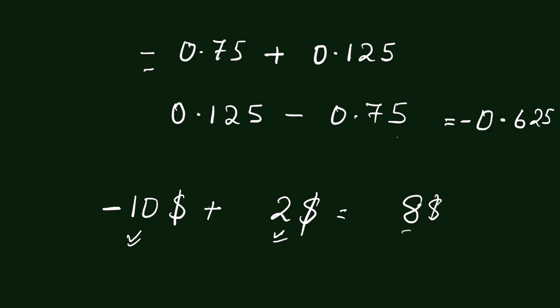And since it will be debt, because you have to return $8, therefore it will be negative $8. What we do when the negative number is the bigger digit, we subtract from the bigger number and put the sign of the bigger number. So we subtract 2 from 10 and then write the sign of this bigger number, that is negative sign. That's what we have done here.